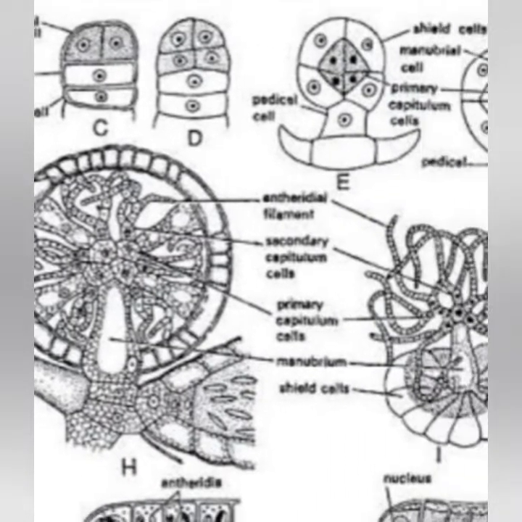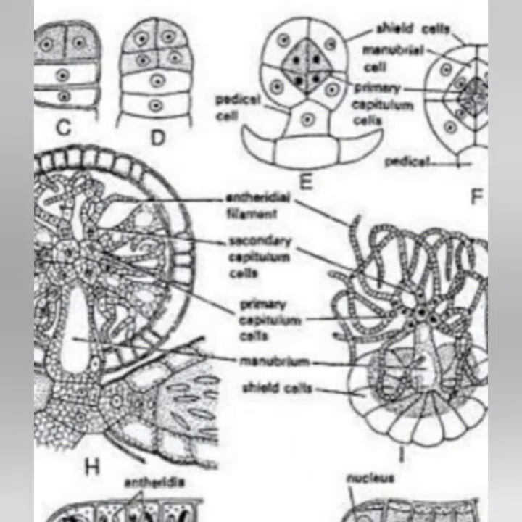Each of these four cells will again divide by a transverse wall. And thus, if you see here in figure E, eight cells are formed. In figure D, you see this quadrant, that is, each of these four cells divides by the formation of a transverse wall, leading to the formation of eight cells, that is, in figure E. So this stage is referred to as the octant stage.